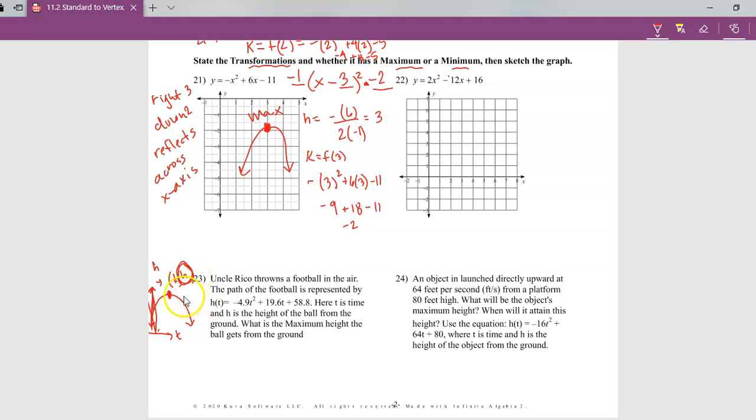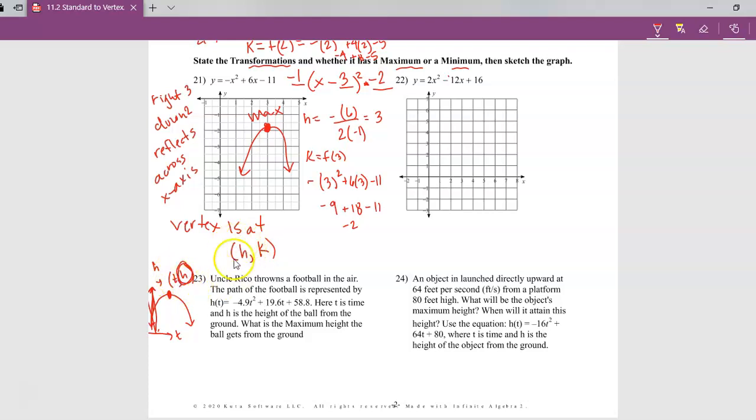This is a little bit confusing because here I'm meaning h to mean height, not the h that was up here. The vertex on all of these is located at (h, k), right? Because h is the one that moves it side to side, so that's the x value of the vertex, and k is the y value of the vertex because that's what moves it up or down. So this h right here and this h right here are two different h's.